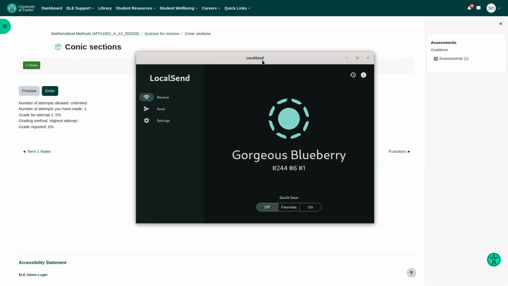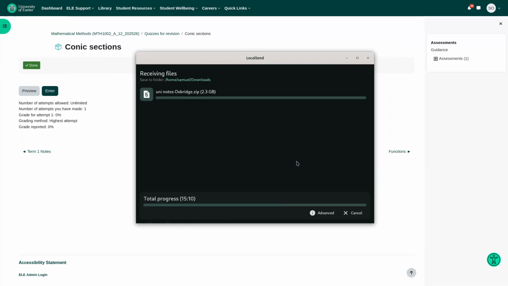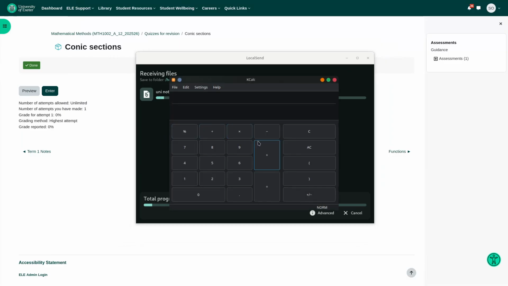Sorry if it looks like I'm doing nothing. It's not working as intended, which is always great. There we go. That's going to take a while, like 5 minutes and 10 seconds for 2.3 gigs. Let's run the numbers.